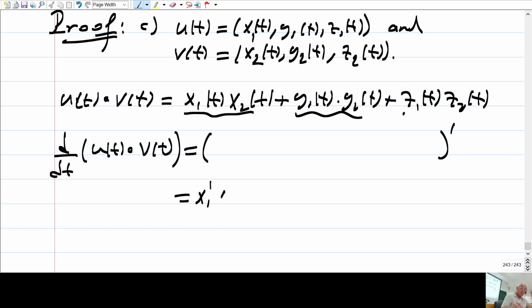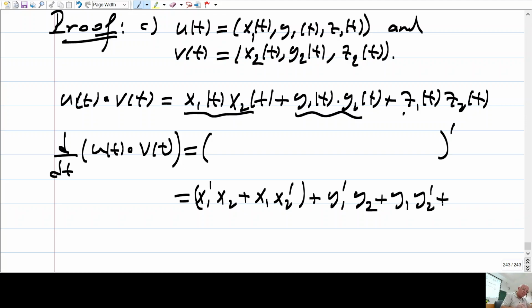Derivative of the first one times the second plus the first one times the derivative of the second. So this is for this term. And then I have similar term for the second one. Derivative of the first one times the second plus the first one times the derivative of the second. So this is the derivative of the second term. And then we have the derivative of the third function, which is z1 prime z2 plus z1 z2 prime.